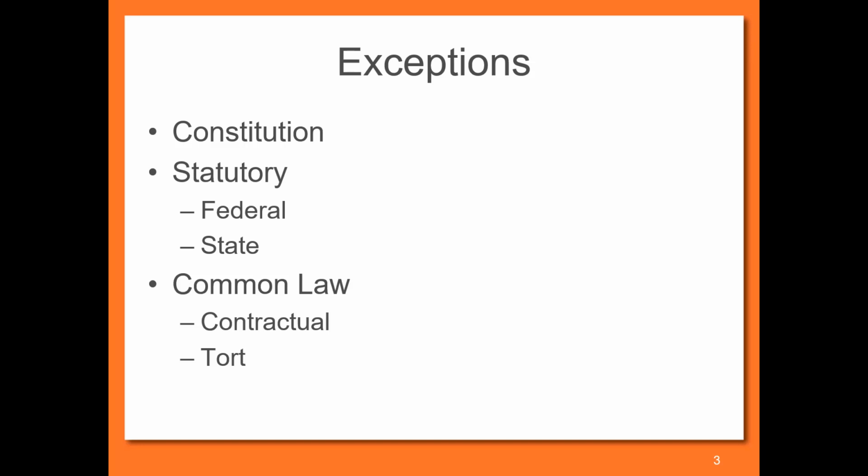And what are the sources of those exceptions? We know the Constitution. There's the Constitution of the United States, and each state has its own constitution. We haven't gotten into the state constitutions here; they typically don't provide a whole lot in this context, but what we're talking about here is the U.S. Constitution, and when it would apply and when it would not. Then statutory exceptions, federal and state statutes, which can provide different exceptions depending on what those laws provide.